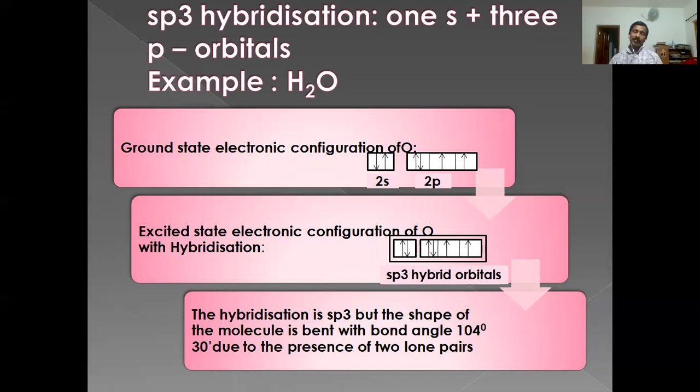Therefore, bent shape or V shape or angular shape with the bond angle 104 degree 30 minutes. What is the reason for such a reduction in bond angle? That is due to the strong repulsion between two lone pairs. Here you can see there are two lone pairs. So lone pair-lone pair repulsion is greater than lone pair-bond pair repulsion.